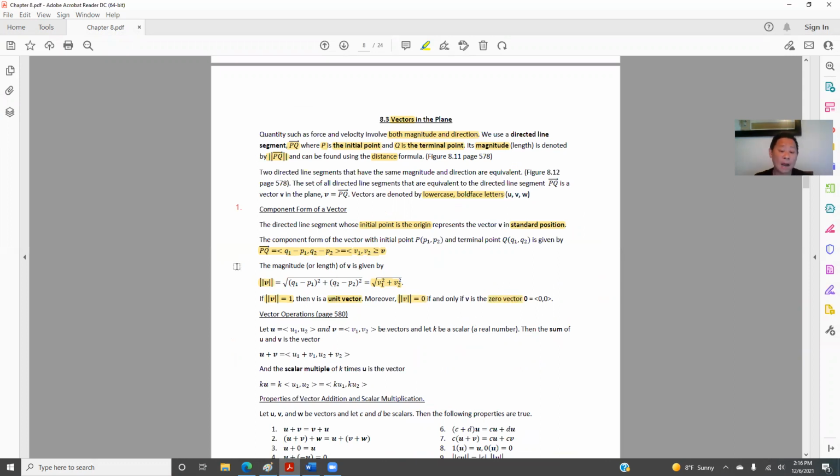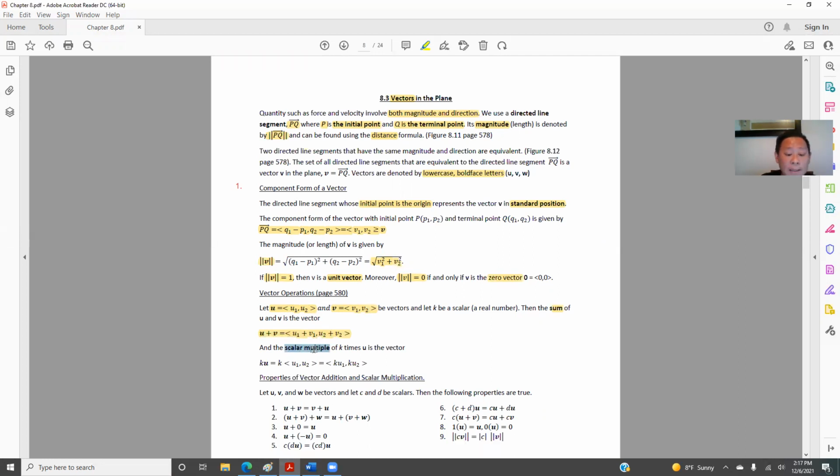This is how we figure out the component form. Once you have component forms, we can add vectors. How do we add vectors? If vector U is U1, U2, and vector V is V1, V2, to add them you just add the first components, and then add the second components.